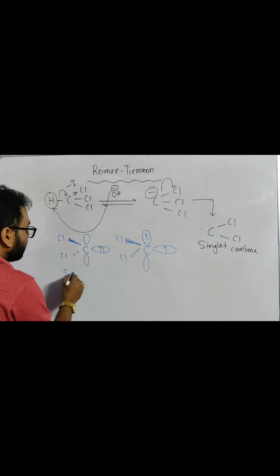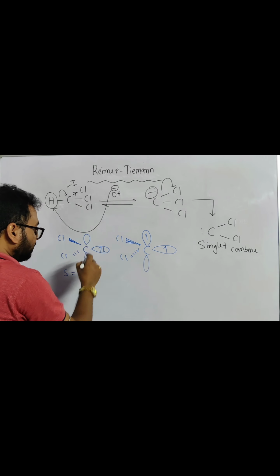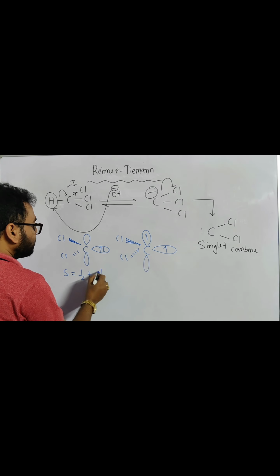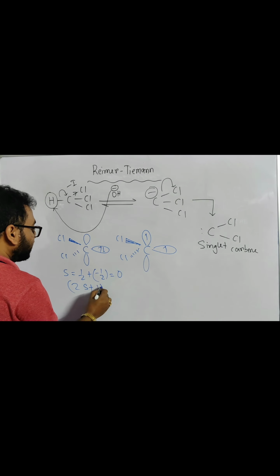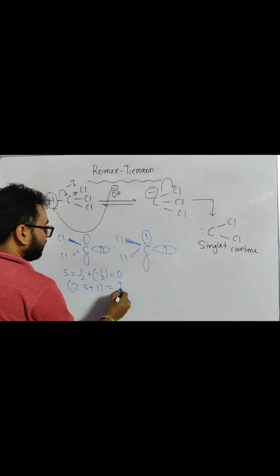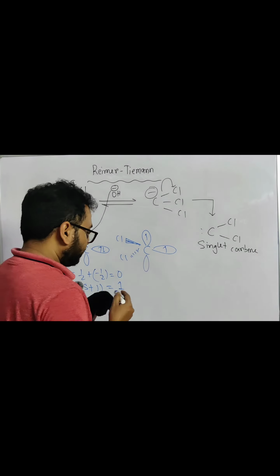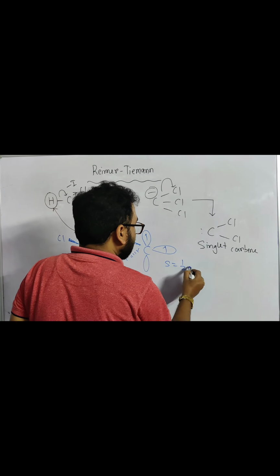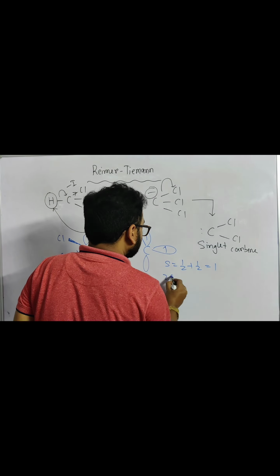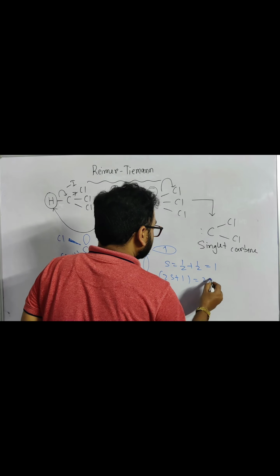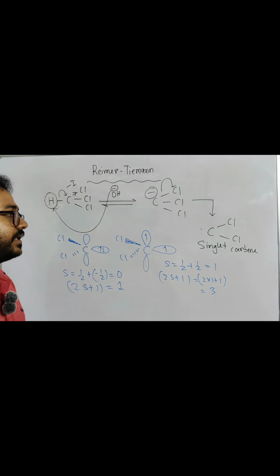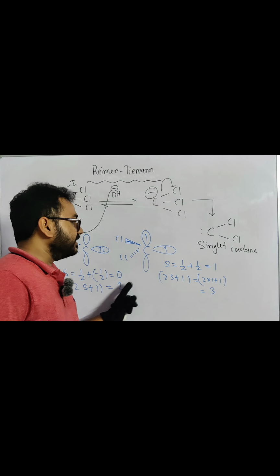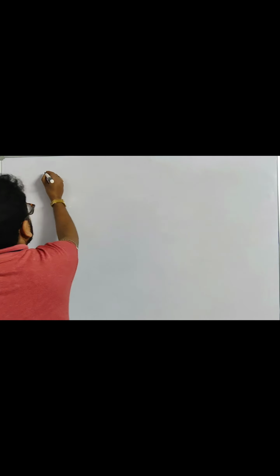Here one is up spin and another is down spin, so total S is 0, and 2S plus 1, the spin multiplicity, is 1. That's why it is singlet. Here S is half plus half, that is 1, so 2S plus 1 is 2 into 1 plus 1, that is 3. That's why it is triplet.